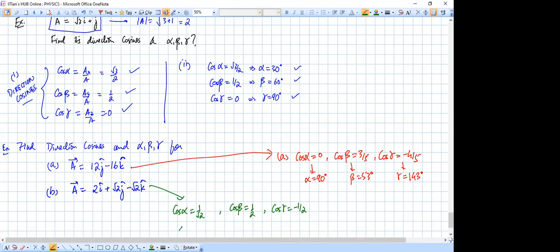So your alpha will be 45 degrees, beta will be 60 degrees, and gamma will be 120 degrees. So very simple.